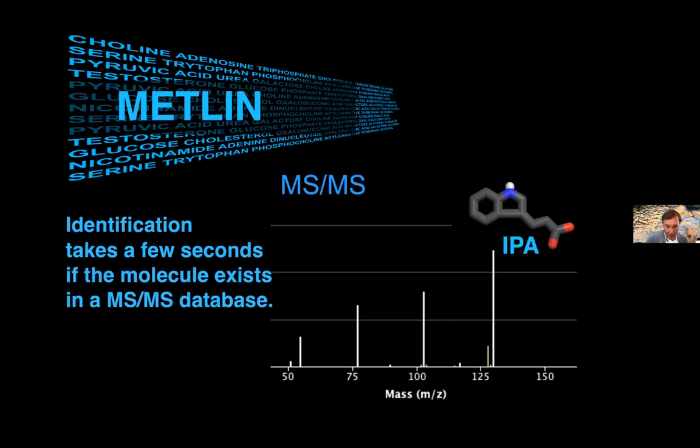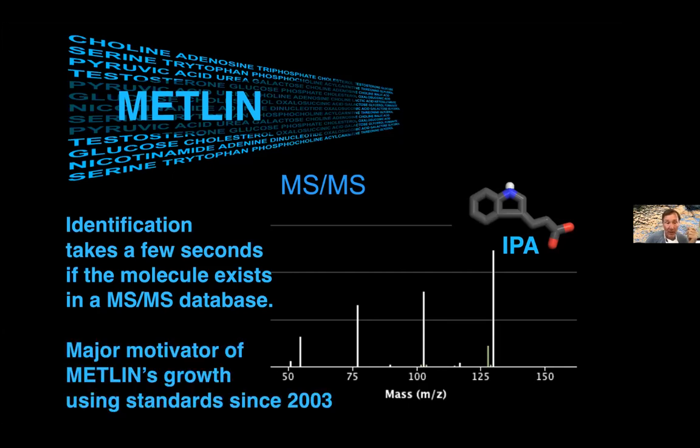However, that only occurs if the molecule exists in an MS-MS database. So this has been the major motivator of Metlin's growth using standards since 2003. Everything in Metlin is based on standards, and we've continued this idea over the last roughly 18 years or so.